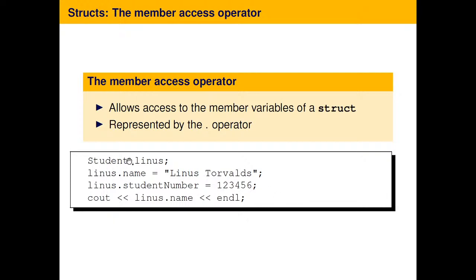So if we created a student called Linus, we could access the name data member by saying linus.name and set it to some value. Likewise, we could set the student number through the dot operator, and we could access them one at a time by saying structure dot data member, structure dot data member, and so on.